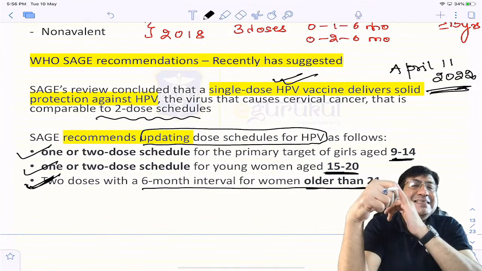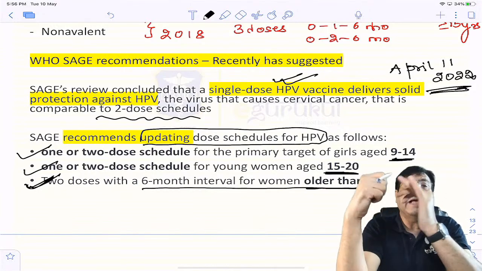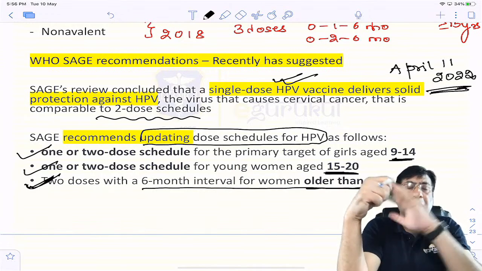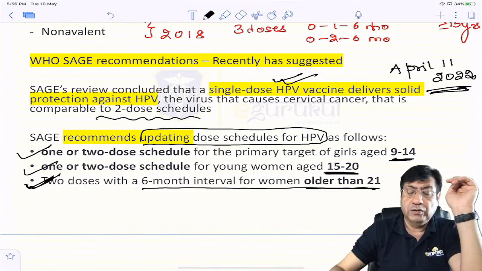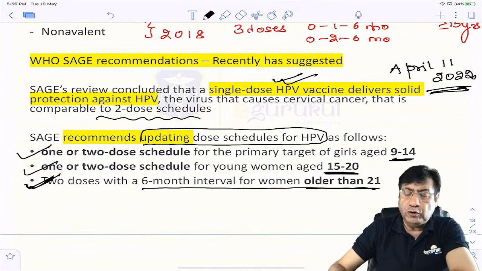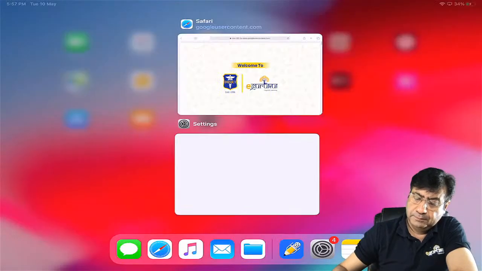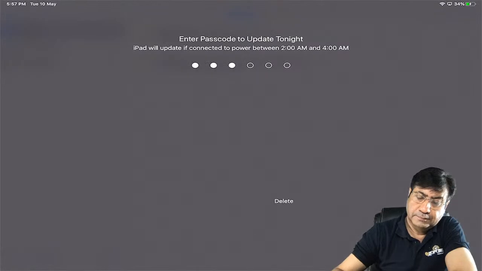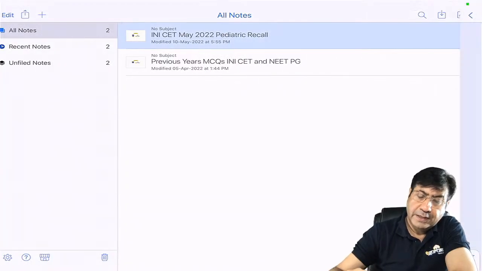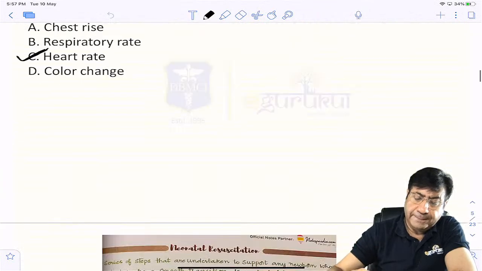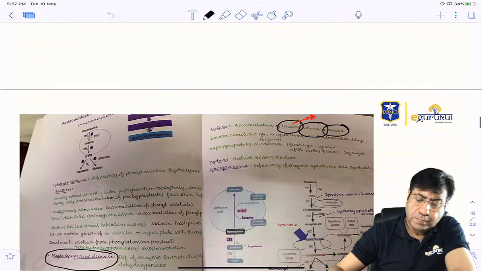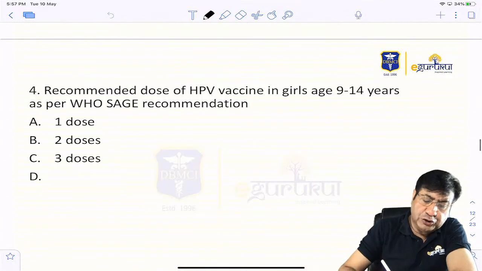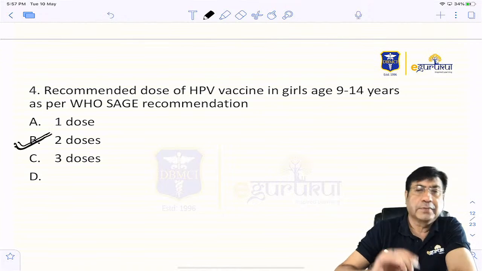But first, since this is a suggested update, and second, they have nowhere said that a 2-dose schedule is not useful and that you should replace a 2-dose schedule with a 1-dose schedule, therefore, according to me, the best answer for this should be a 2-dose schedule.